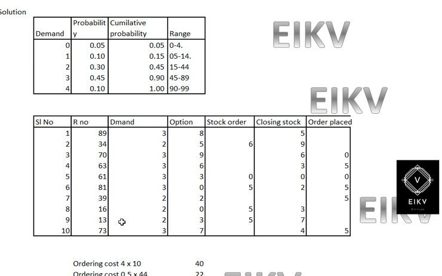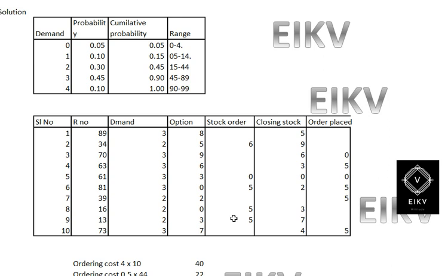Okay, on the 9th day the random number is 30, which means the range is between 15 to 44. 2 is the demand. Therefore 2 has been made. And 5 has been delivered, which is the third order.